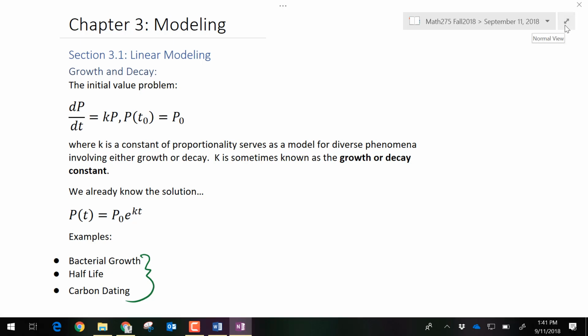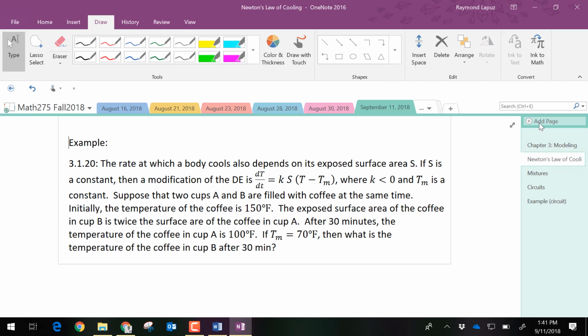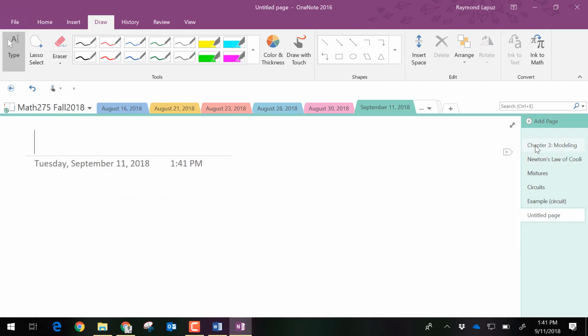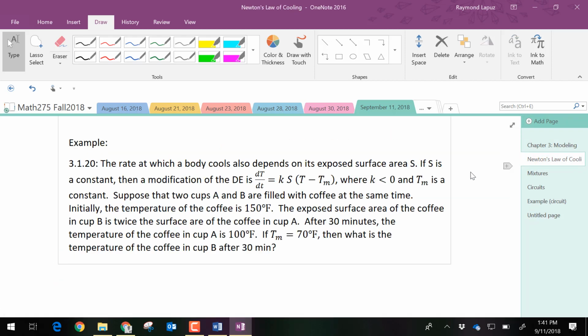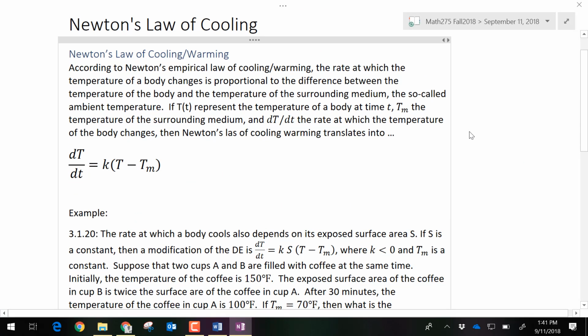Now let's go on to a slightly more interesting, not much more interesting, but a slightly more interesting problem, and that's Newton's law of cooling, which you should have seen back in 1.6. We had a couple of problems that are similar to this, I think.